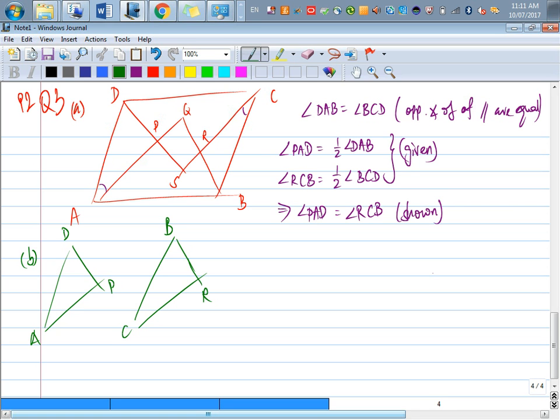Just now we already showed that PAD in purple color, this angle is the same as RCB. So we have a pair of same angles already. And then because this is also a parallelogram, we know that the sides, your AD is equals to BC.